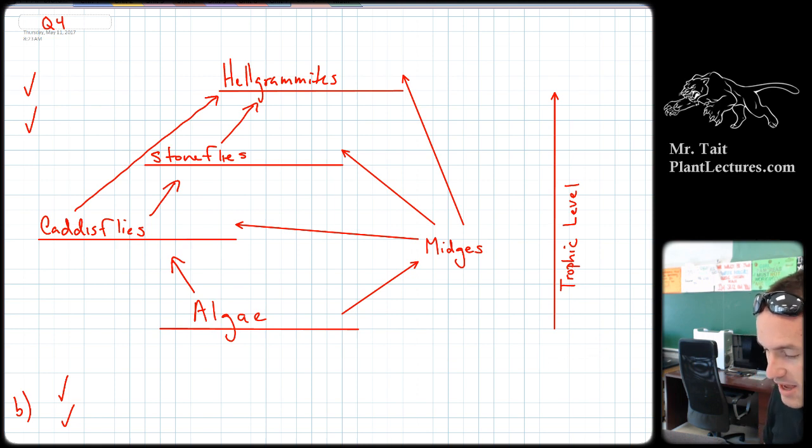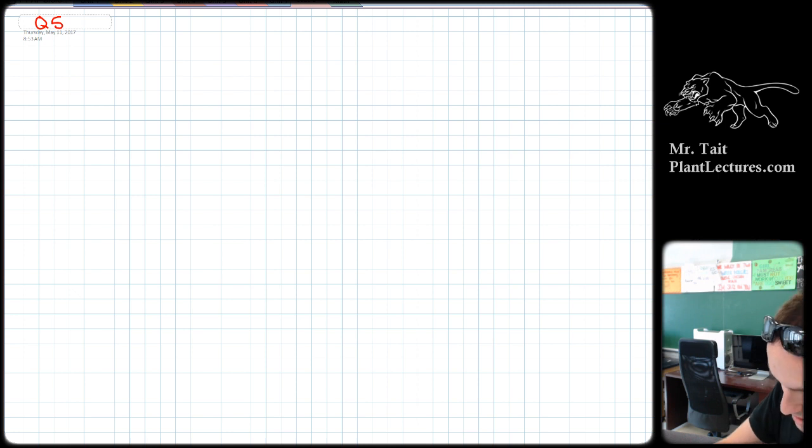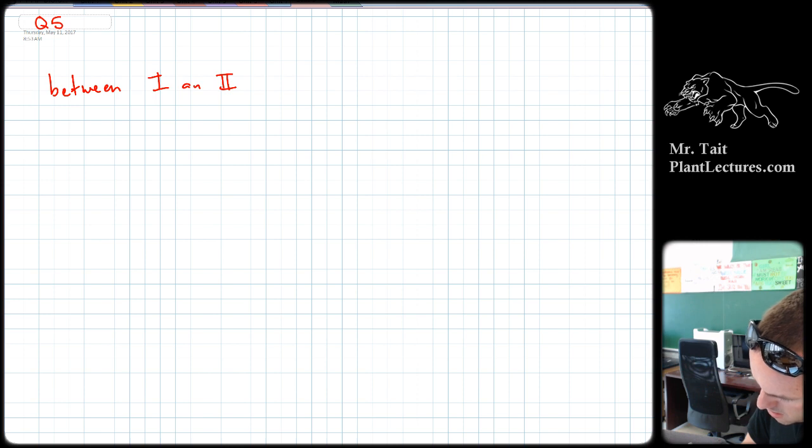It's just identify. So you're going to get points on this one for saying, between, what was it, 1 and 2? 1 and 2, the cyanobacteria. It says the organism.